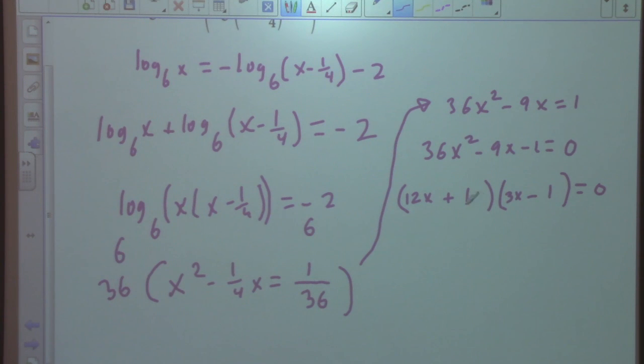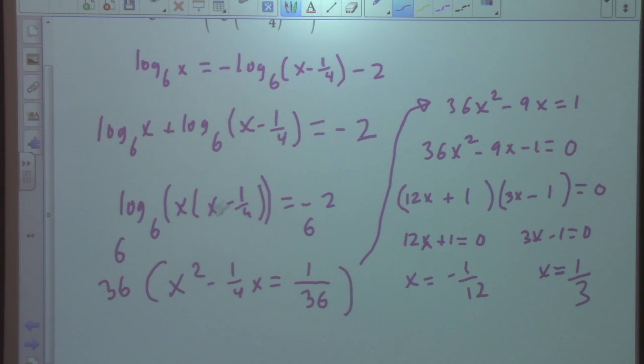Because then you have negative 12x plus 3x. So you have 12x plus 1 is equal to 0, and 3x minus 1 is equal to 0. So in this case you have x is equal to negative 1/12, and x is equal to 1/3.